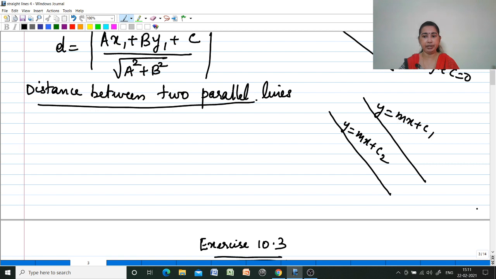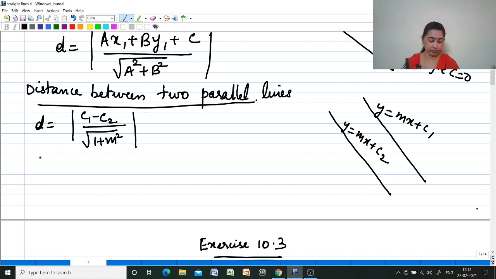In order to find the distance between two parallel lines, d is equal to modulus of c1 minus c2 by root of 1 plus m square. This is if the lines are in the form y equal to mx plus c1 and y equal to mx plus c2.